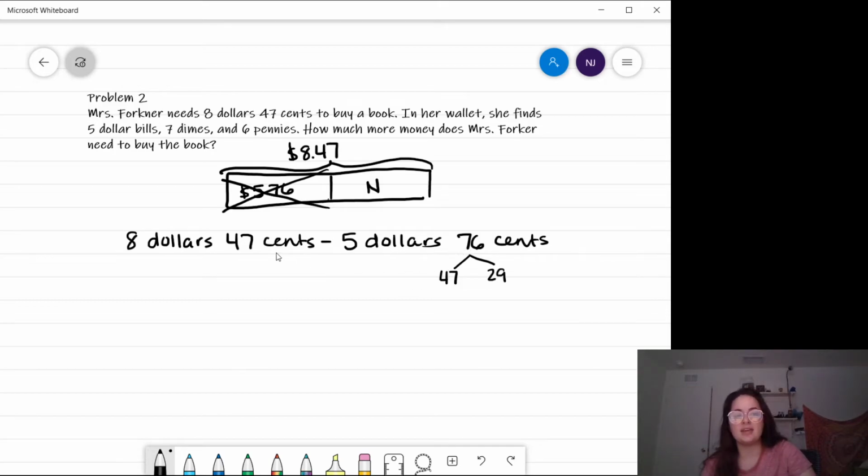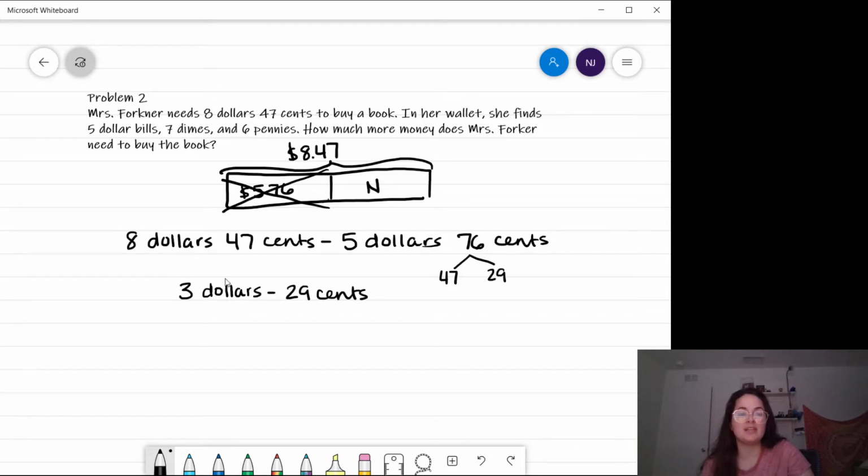So I can take 47 minus 47 and just get 0. So I've got $8 minus $5, which is $3. And then I did 47 cents minus 47 cents, which is 0. So that would leave me with $3 minus 29 cents.